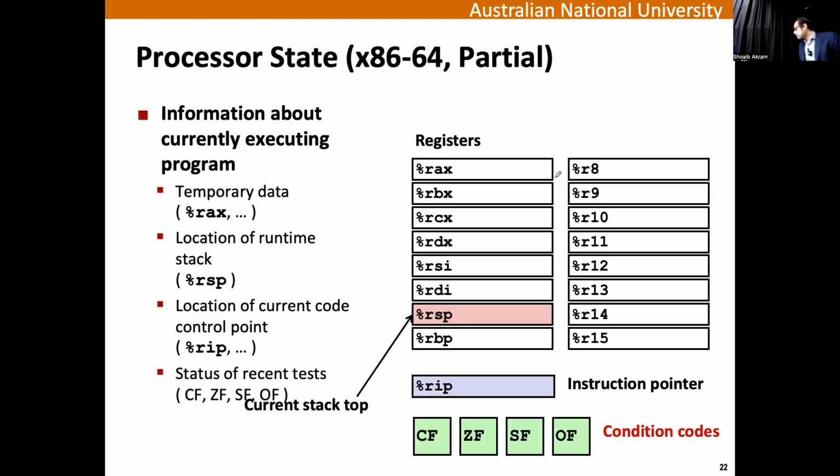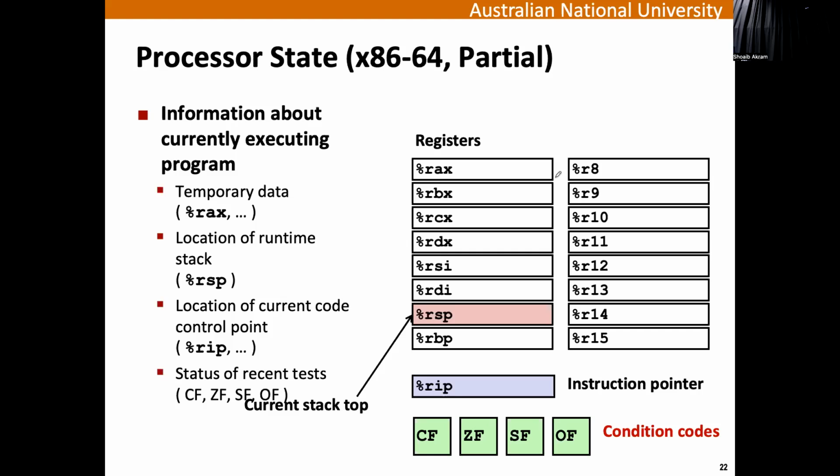Similar to ARM, every processor has condition codes that tell you something about the result of an operation. So carry flag, zero flag, sign flag, overflow flag, these are the bits in the flags register, or we call them condition codes.